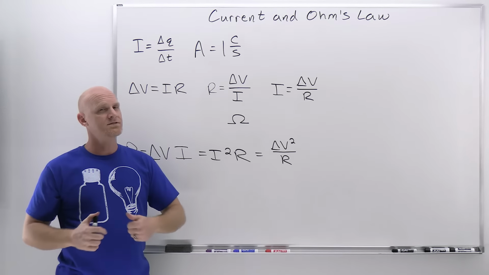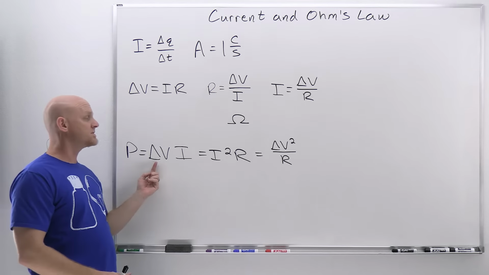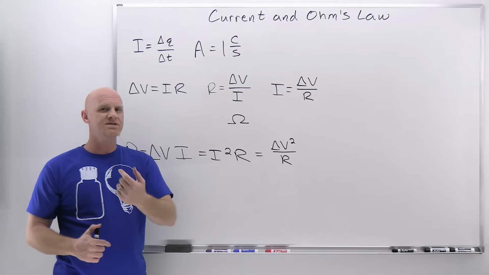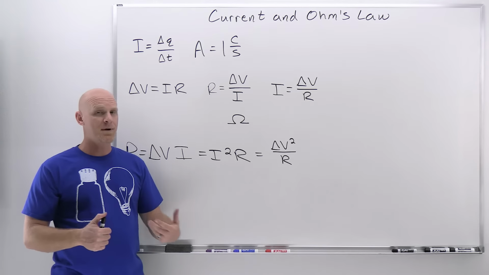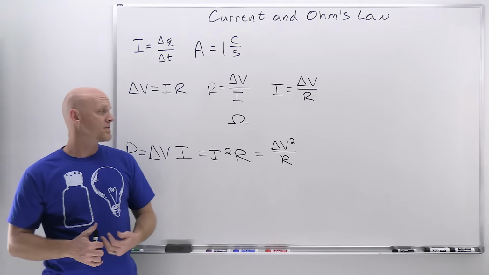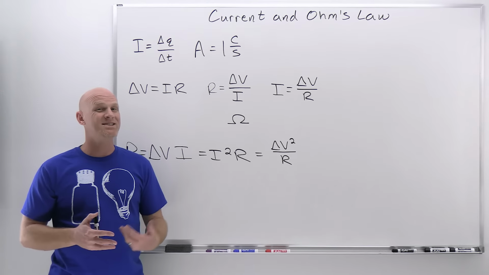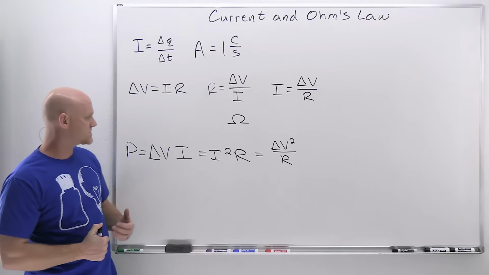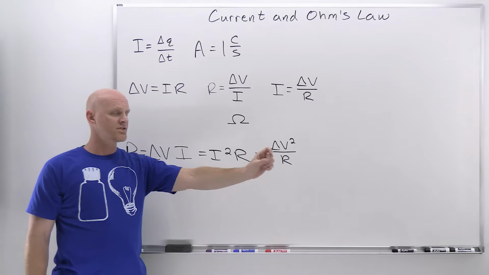Now, one thing you need to know, it's the power being dissipated in a resistor, and that's going to involve the potential drop just across that resistor. Now, if you only have one resistor in a circuit, typically the EMF of the power source is going to be the potential drop across the resistor. They'd be one and the same. But if you've got more complex circuits that have many resistors, that's typically not going to be the case. And the rookie mistake some students will make is they'll just look at their circuit diagram and they'll see the EMF source and it'll say 12 volts.